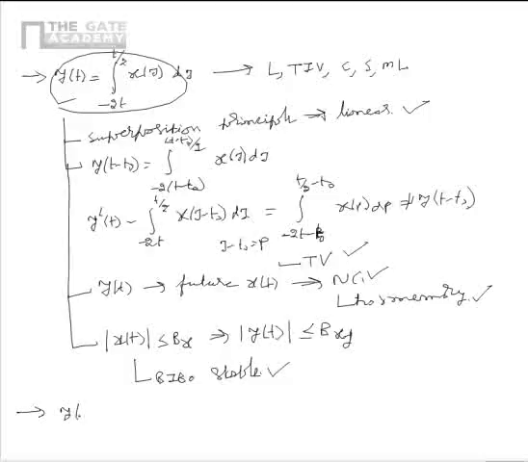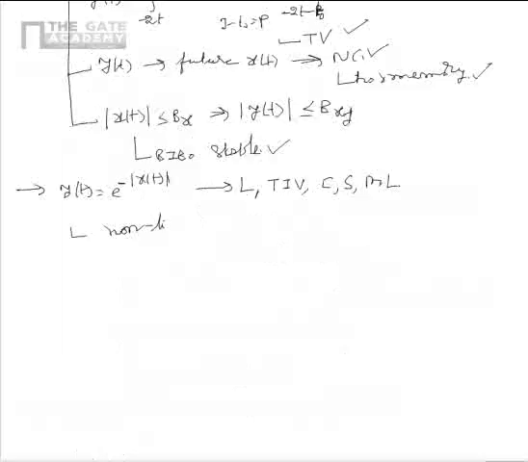Now let us consider another system, y of t is equal to e power minus mod x of t. We have to check if the system is linear, time invariant, causal, stable, and memoryless. Now we see that the given system doesn't satisfy the superposition principle, that is, a linear combination of inputs wouldn't give the linear combination of outputs.